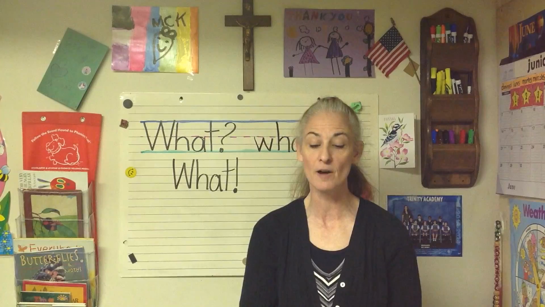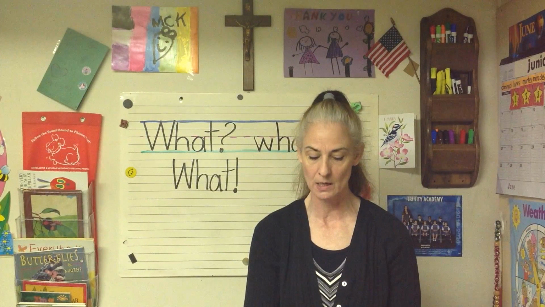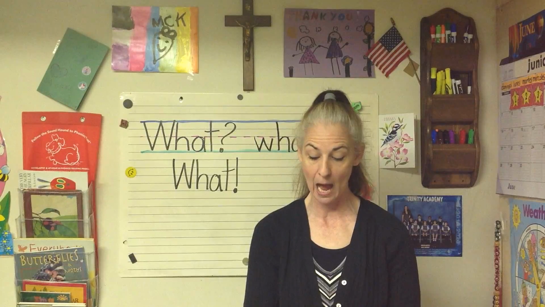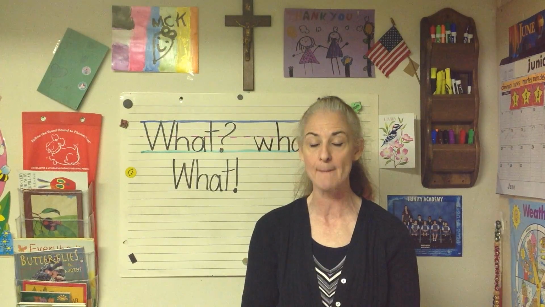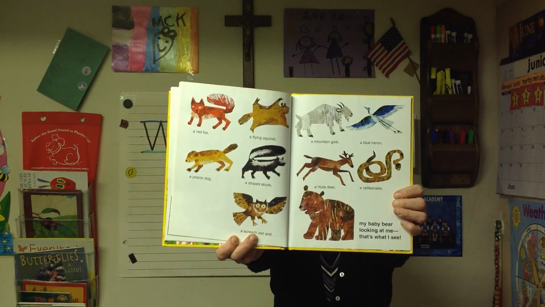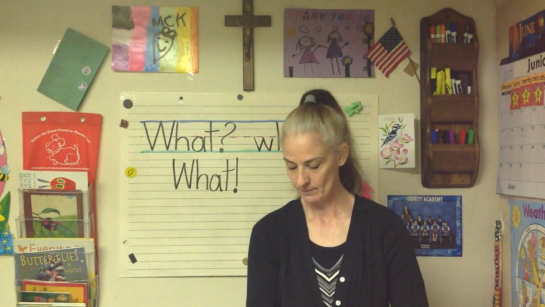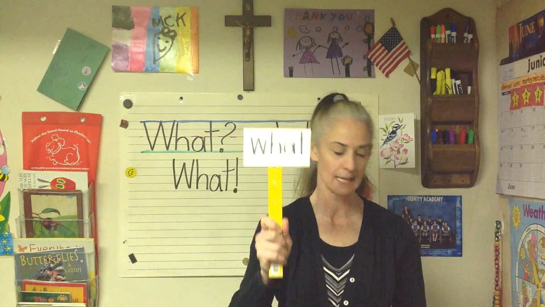A red fox, a flying squirrel, a mountain goat, a blue heron, a prairie dog, a striped skunk, a mule deer, a rattlesnake, a screech owl, and a baby bear looking at me. That's what I see. There was a lot of what's in there, right?